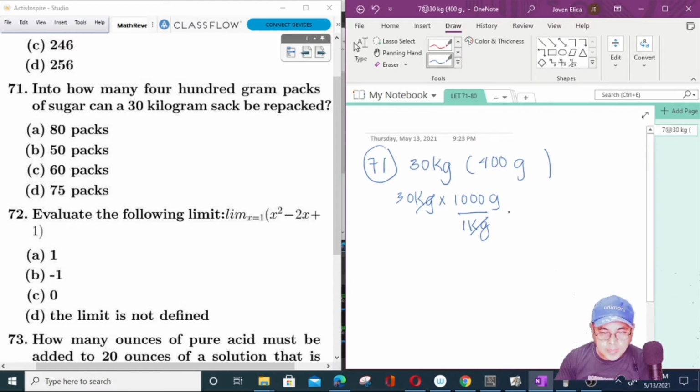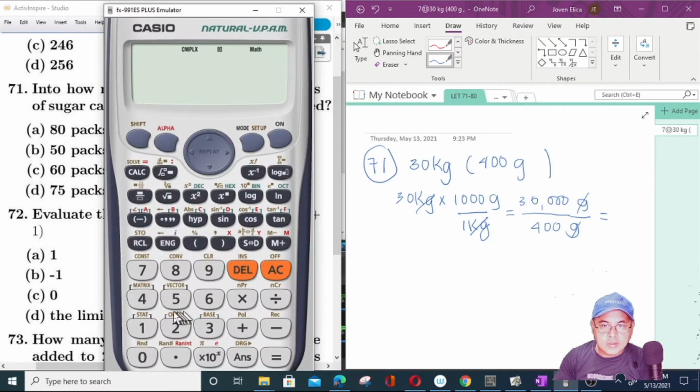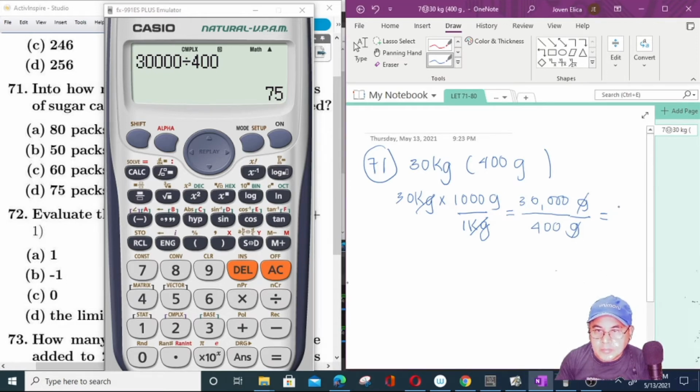So this is equal to 30,000 grams. Now, to get how many 400 gram packs can be repacked, we just need to divide this by 400 grams, so the grams cancel out. 30,000 divided by 400 gives us 75 packs.